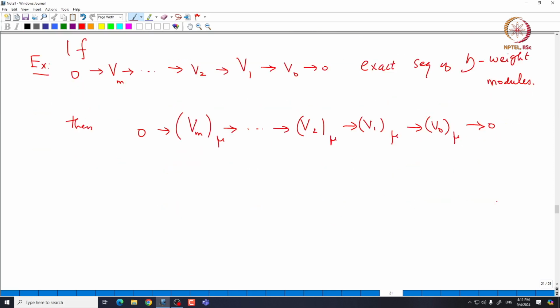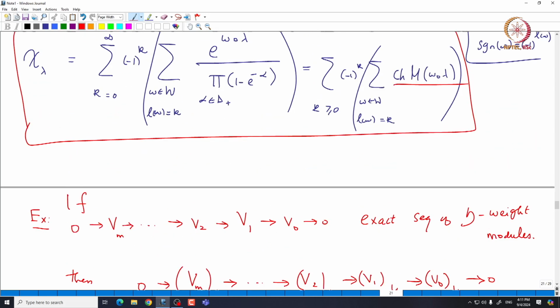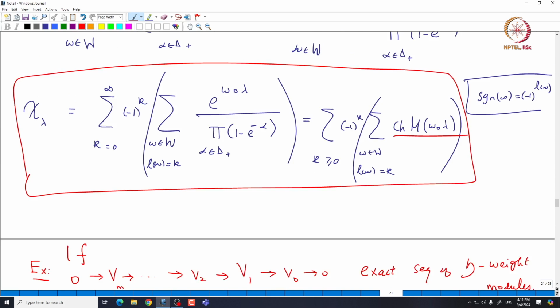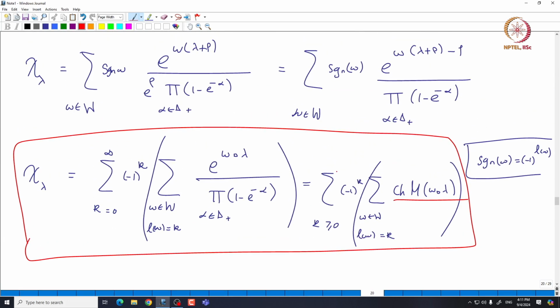Using this you can easily prove that the character of V0 is going to be the character of V1 minus and so on, where k should be greater than or equal to 1.